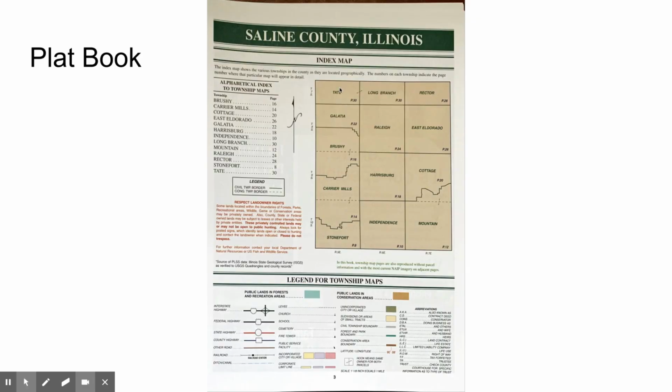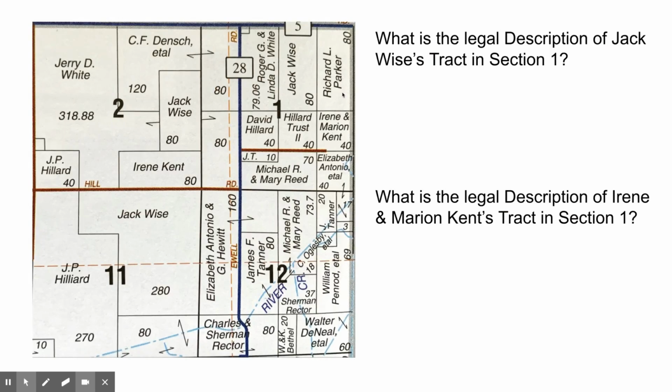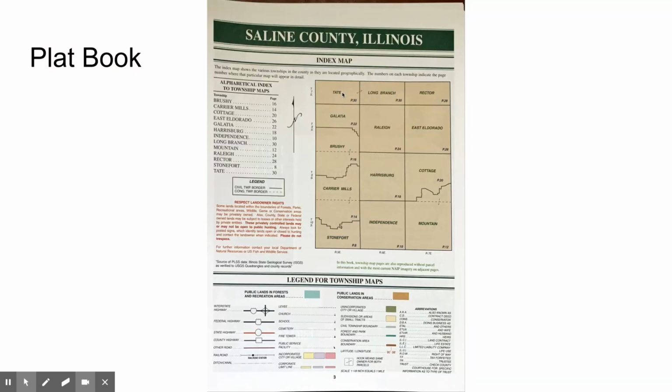Now, for Saline County purposes, this right here, if you're living here, you're a Saline County resident and you're in Tate Township. Now, your township identification for congressional work, Township 7 South, Range 5 East, would be the same here.